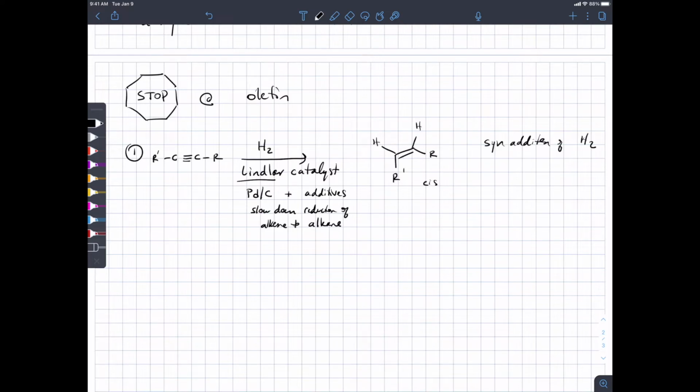All right. So that's one way to stop at the olefin from the alkyne.